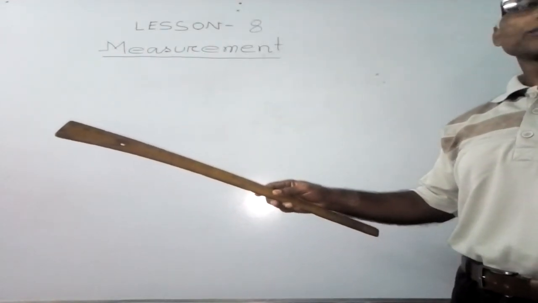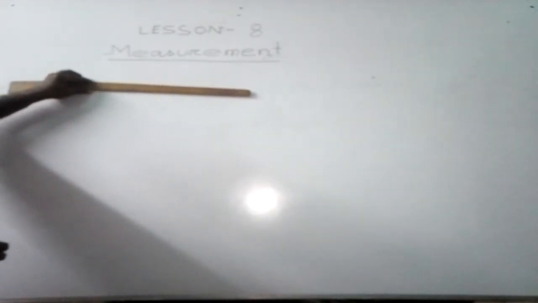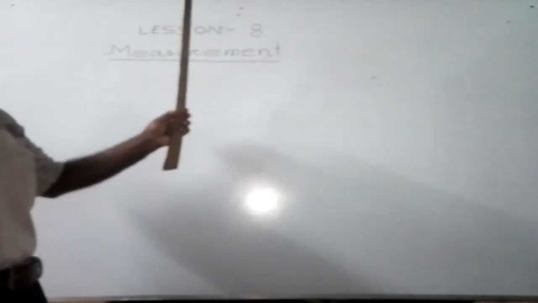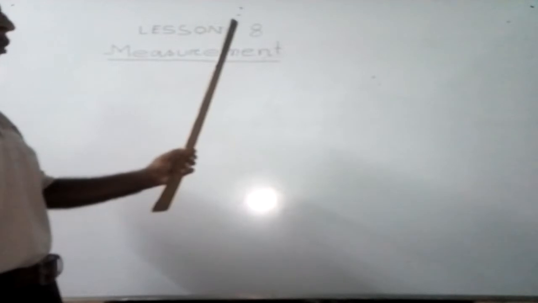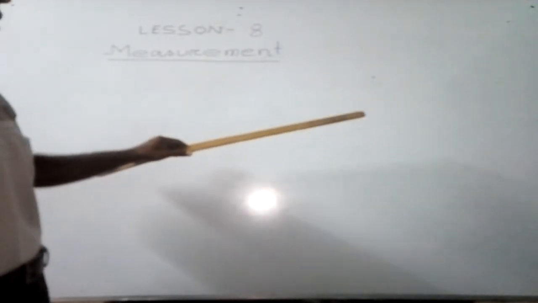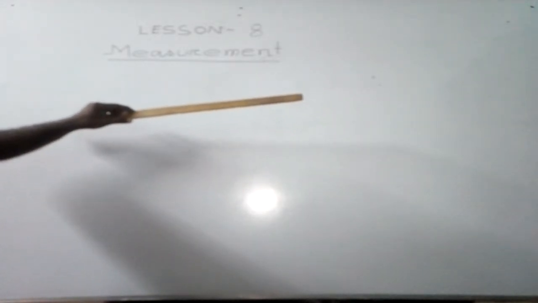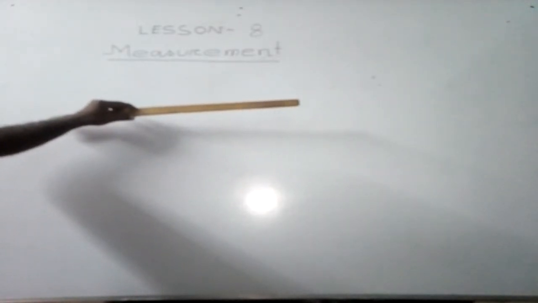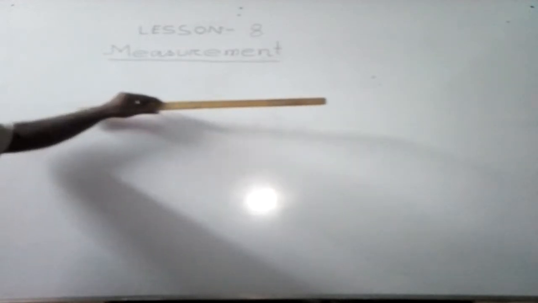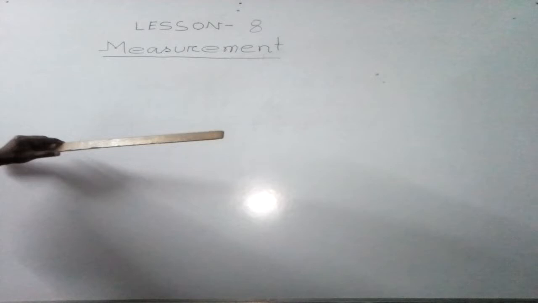With the help of this scale, you can measure the length of any object. Hello students, have you seen it? Most probably you have seen it. The tailor who measures the length of cloth uses this particular type of scale. Why? To measure the length of the cloth, isn't it?